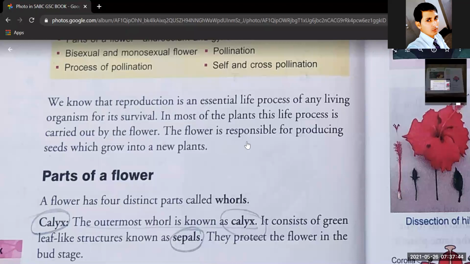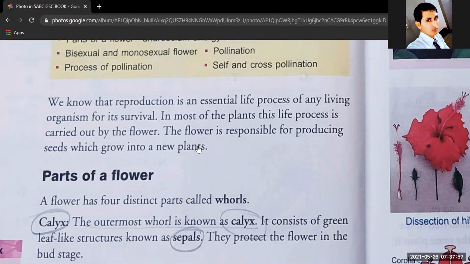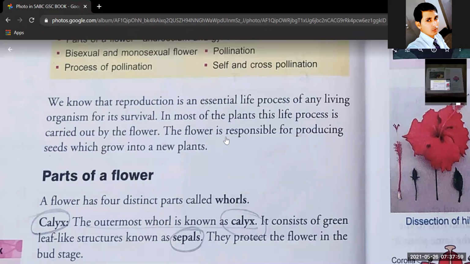The flower is responsible for producing seeds which grow into a new plant. Just because of the flower, seeds are produced, and because of the seeds we get the new plant.